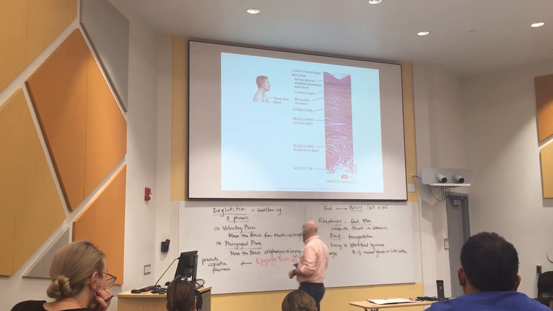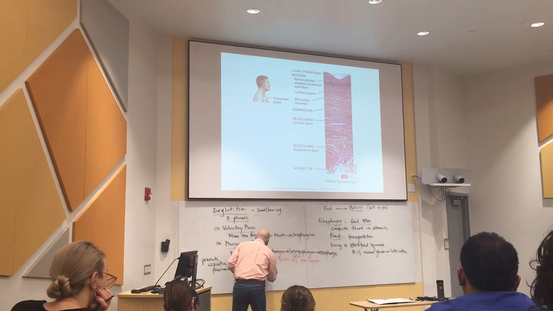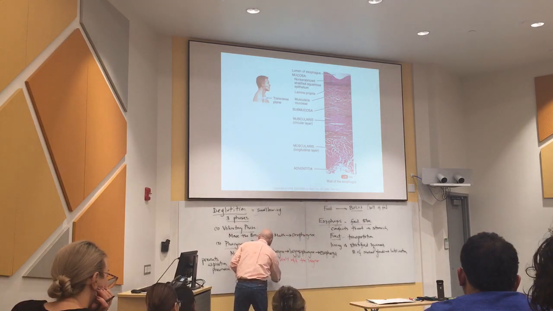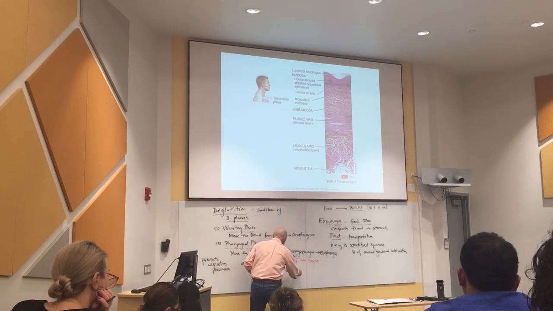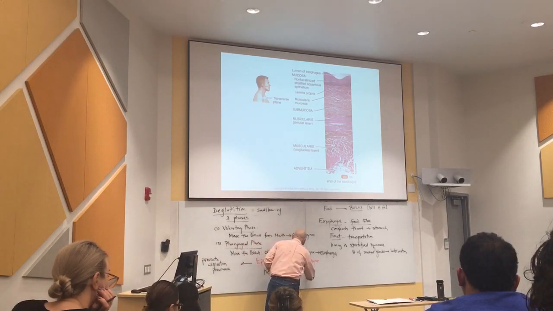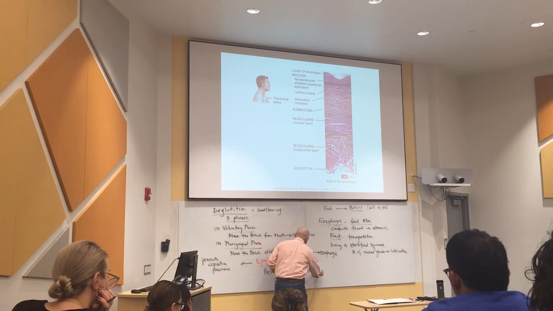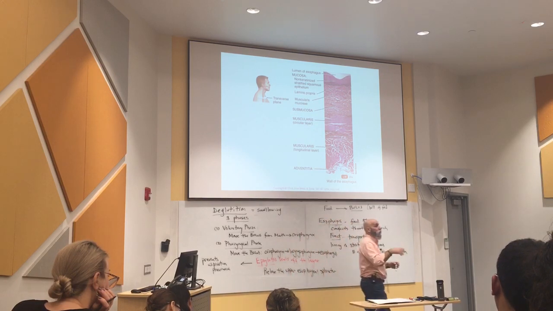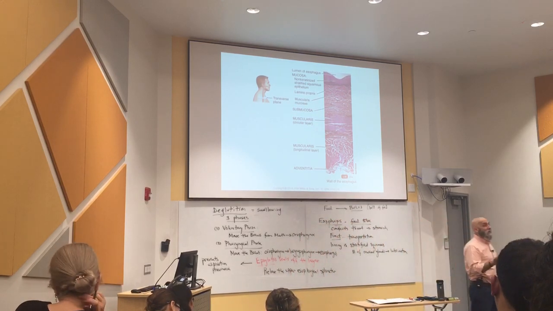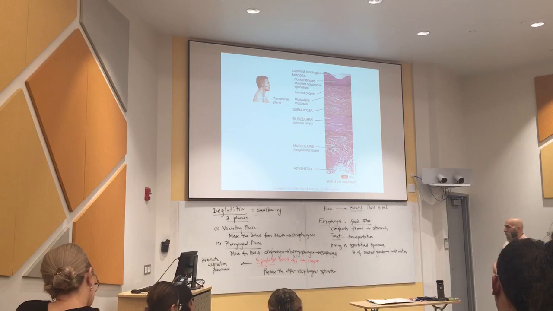The other thing that has to occur here is that we need to relax something that's referred to as the upper esophageal sphincter. There's a circular muscular band in this area that we have to release or relax in order to allow the food to move from the pharynx into the throat area. So we also want to relax the upper esophageal sphincter.